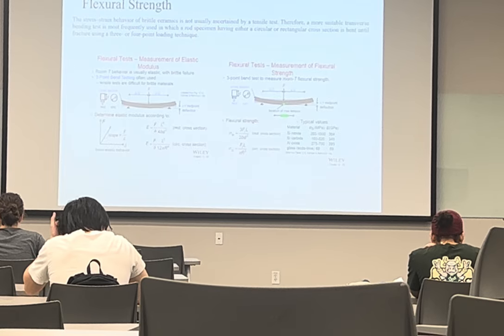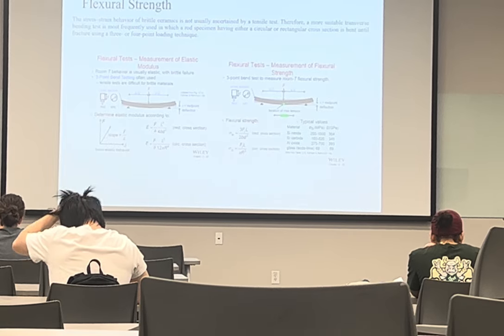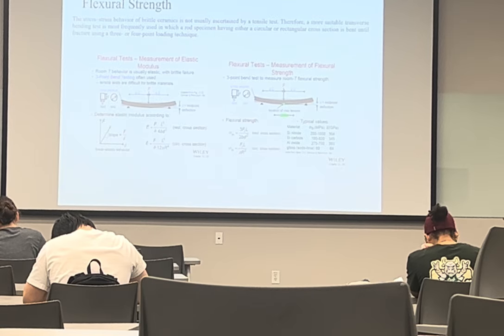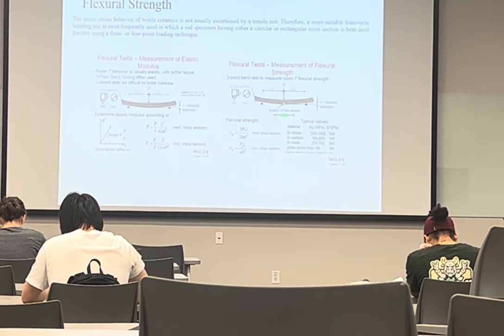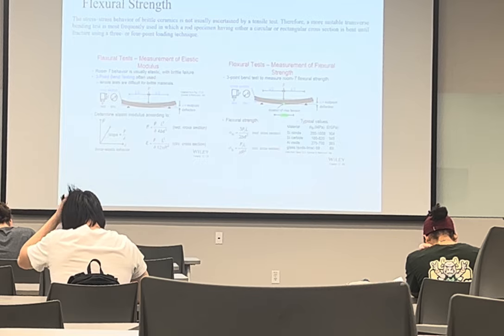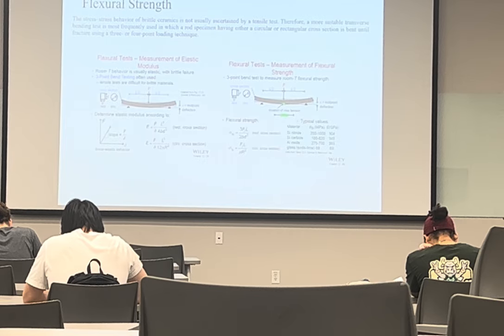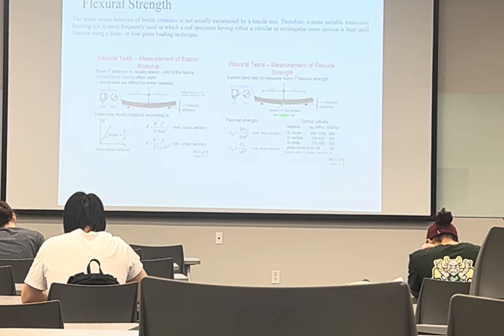In this type of test, we usually use a three-point bending test, in which we have 2 points and 1 point for applying the force. And our sample is usually a rod with a circular or rectangular cross section.